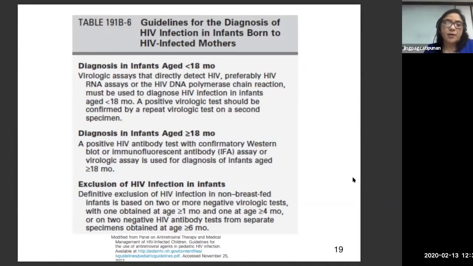It is done in a non-breastfed infant based on 2 or more negative virologic tests, with one obtained at the age of more than 1 month, 4 to 6 weeks, and one at age more than or equal to 4 months, or on 2 negative HIV antibody tests from separate specimens obtained when the child is more than or equal to 6 months.